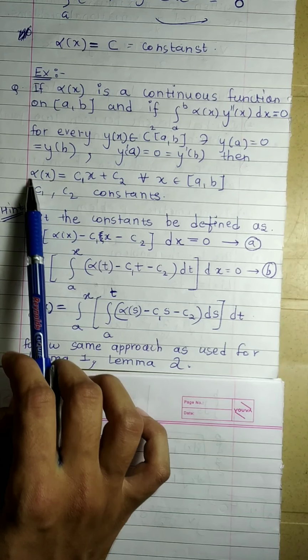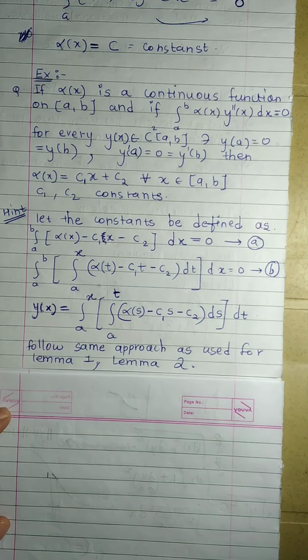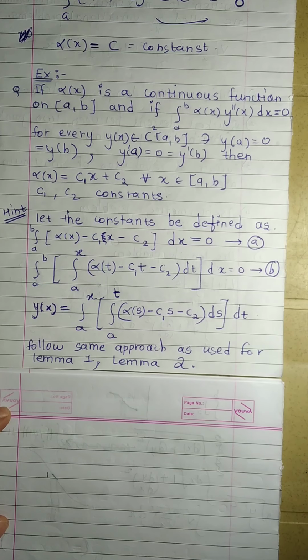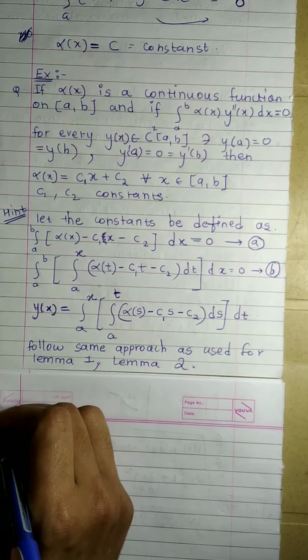This will be the form of alpha of x for all x in the closed interval a comma b, and c1 and c2 are constants. Okay, so proof.